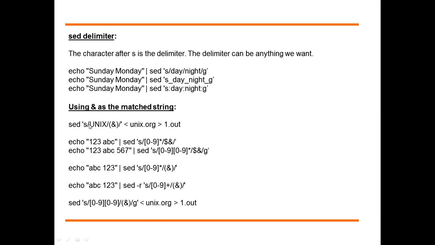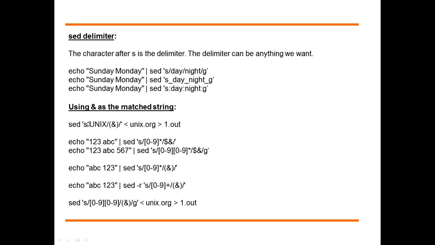Now, this is a little interesting thing. What's happening here is, you know what you want to replace. You know that you want to search for a string called day and replace it with night. How do you specify a pattern here?